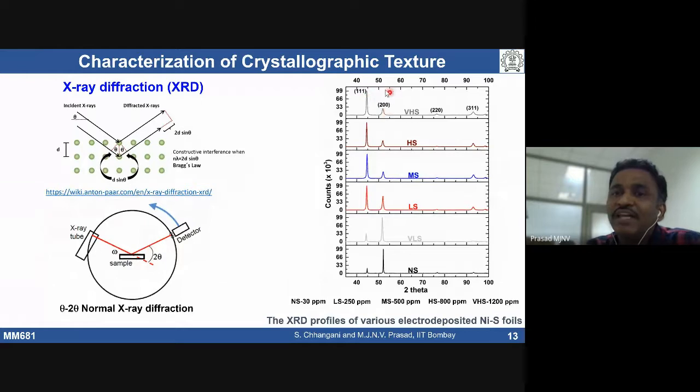We collect information at this Bragg angle, and how many grains are there in the material will be covered by just rotating the sample at the same fixed theta angle. We also collect information on other poles; three to four poles will be covered.